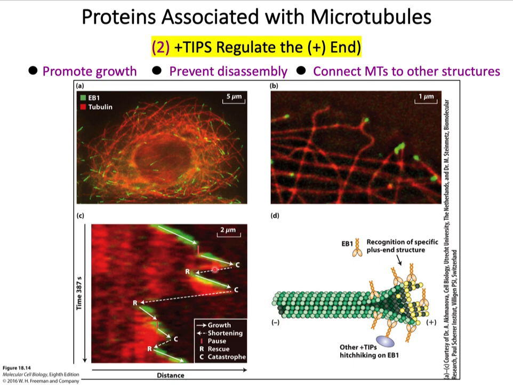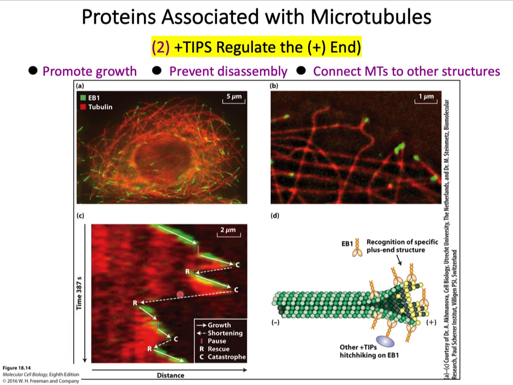This really shows you that these end-binding proteins associate with the plus end of the microtubules, and in particular the growing end of the microtubules. The areas labeled as C are called the catastrophe, where there is an abrupt shrinkage after growth, and the labeled R regions are called the rescue, where the growth resumes after the shrinkage.